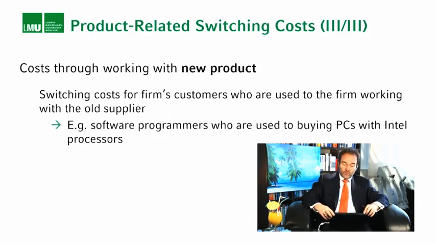So software programmers, for example, would be used to buying PCs with Intel processors. If this now changes, if there are other processors, then they might feel that this reduces their utility, that reduces their ease of working with these products, and therefore they might face costs as well, which of course lowers their likelihood of buying a computer, even if it's the same brand, but it's a new processor.